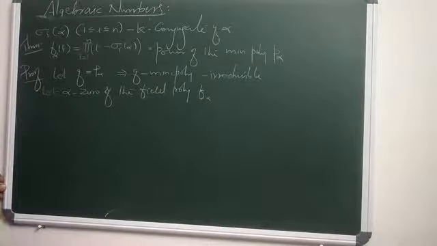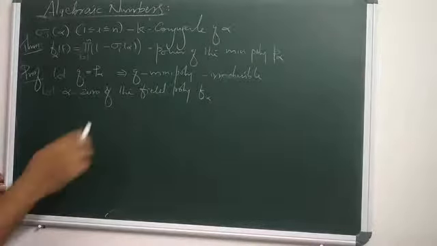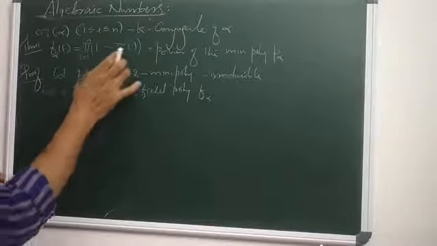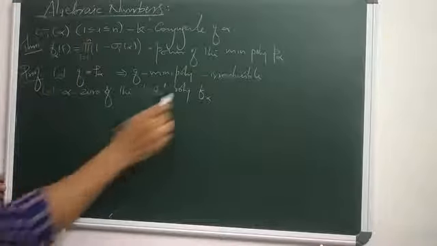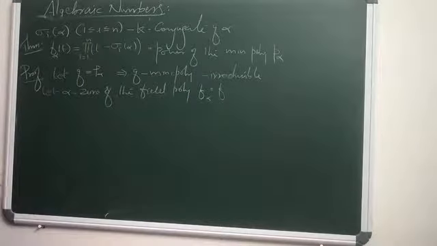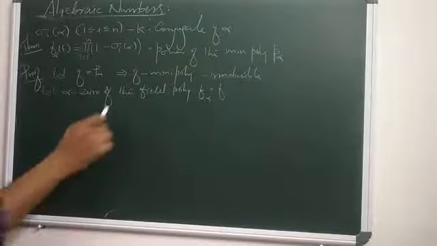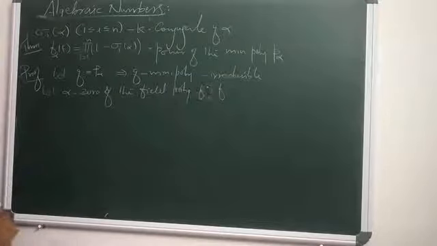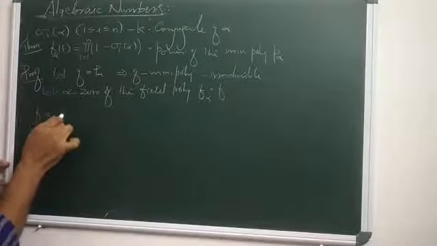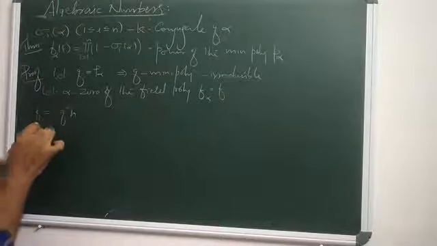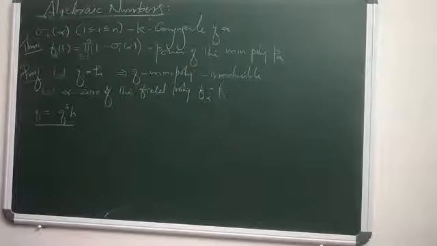Therefore, by the factorizing of f into irreducibles, you can factorize this f. What is f? f equals f alpha. So by the factorizing of f into irreducibles, we know that f equals q to the power s times h.